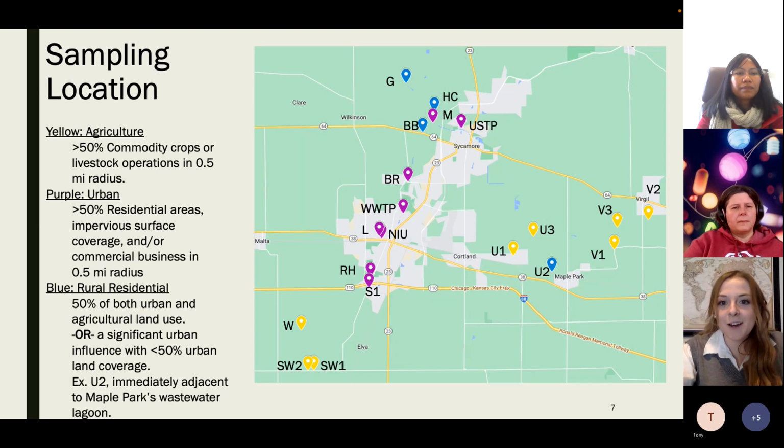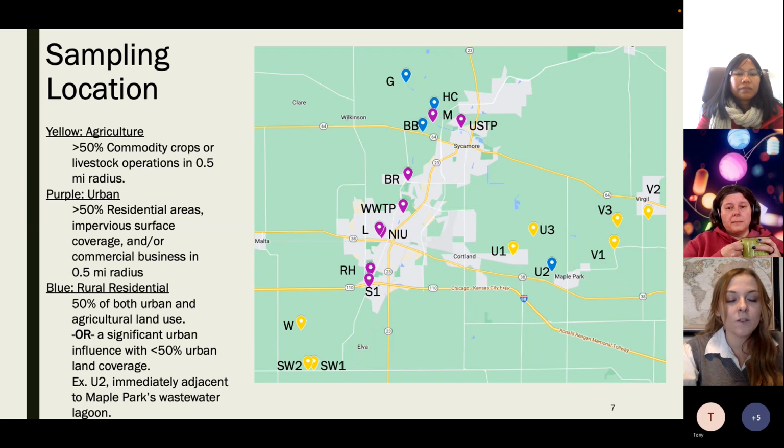For those of you in DeKalb, I will have this map several times on my slides to put more location perspective. What we have here is a list of my sampling classifications. The sites marked in yellow were classified as agricultural.